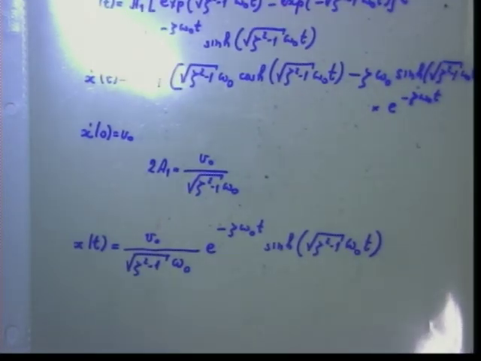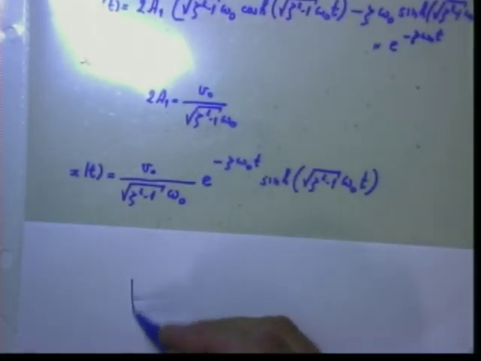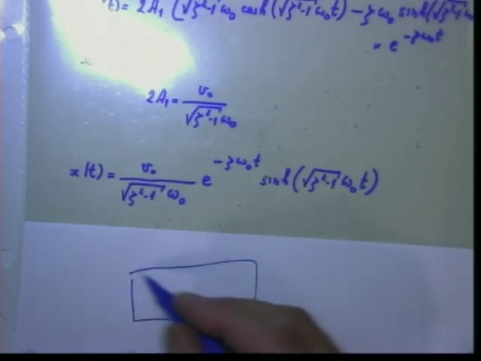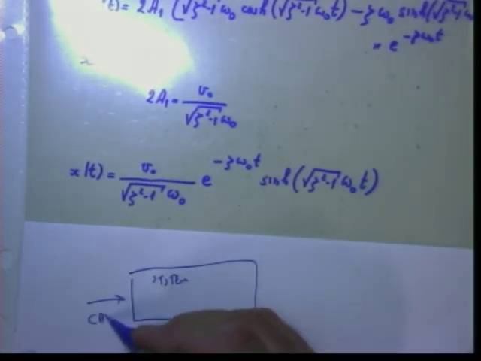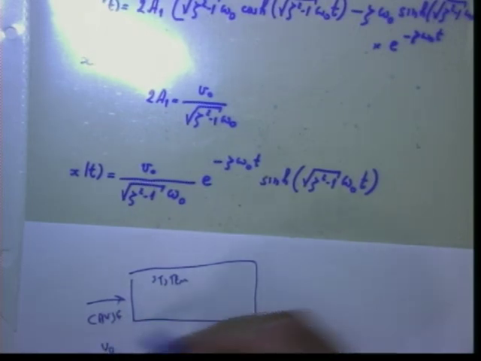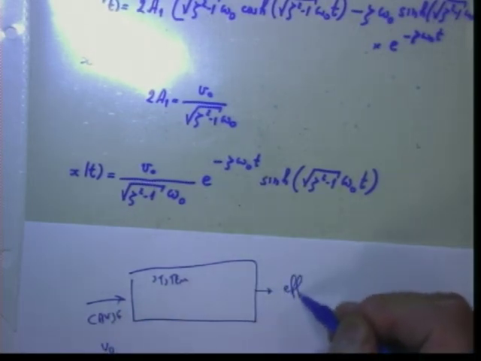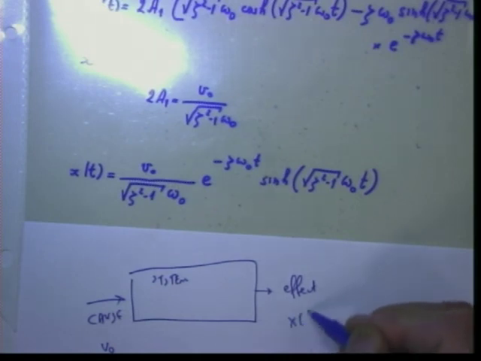Therefore, we can write this as follows. The cause is V sub 0. The effect is x of t.